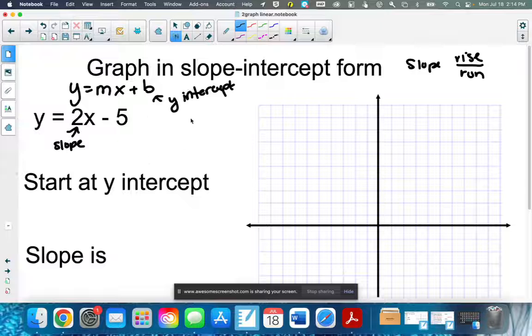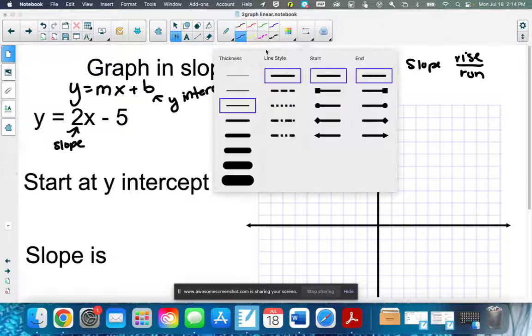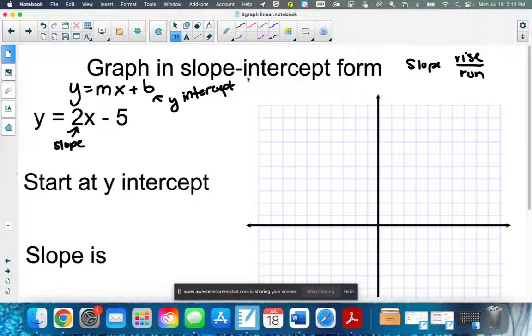Okay, so in slope-intercept form, we start our graph at the y-intercept point, which in this case is -5. So that is the point 0, -5, because it's on the y-axis, and that means the x value of the point is 0. So 0, -5 starts right here.